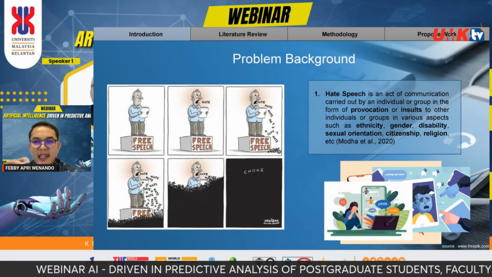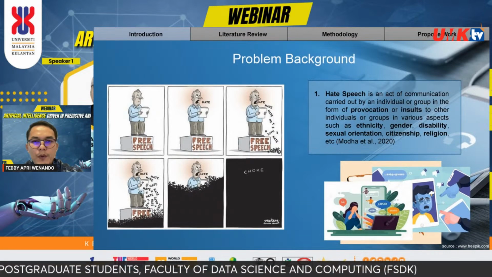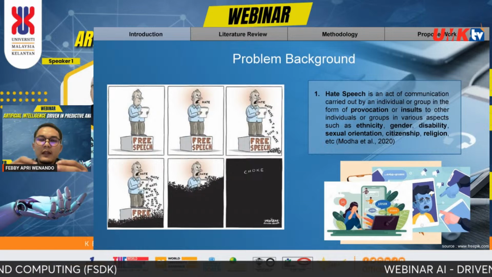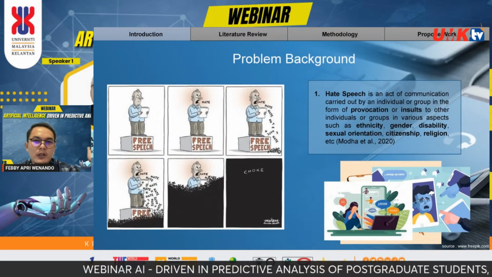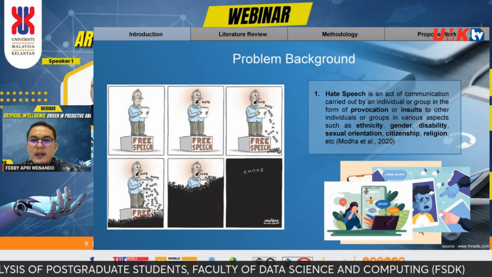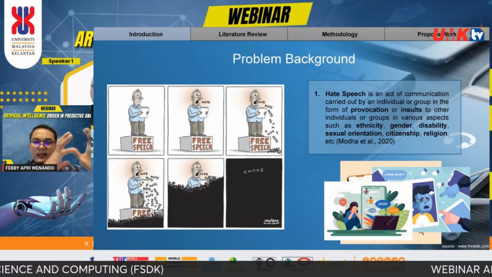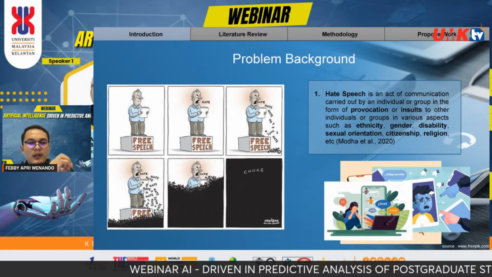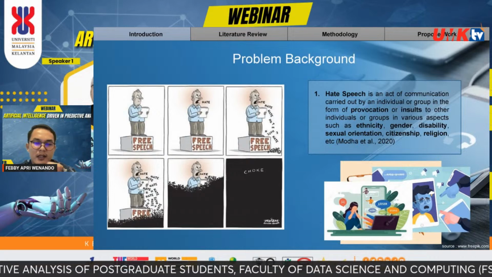Hate speech is an act of communication carried out by an individual or group in the form of provocation or insult to an individual or group about the issue that is happening. Maybe like in Indonesia, we make a presidential election. From that election, we have people with pros and cons of the president of Indonesia.